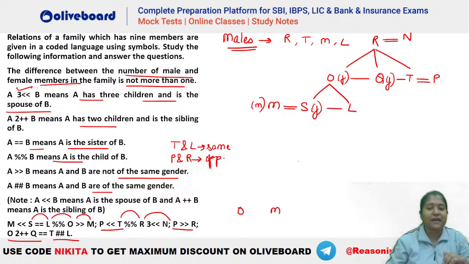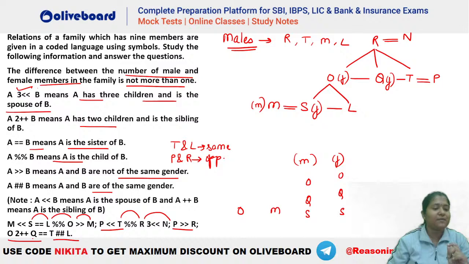Let's see. We have the males and the females, right? Let's consider the possibilities here. So you can see for sure we know that O, Q and S are the female members in here. We know this for sure. Okay. Now, what are the possibilities here?